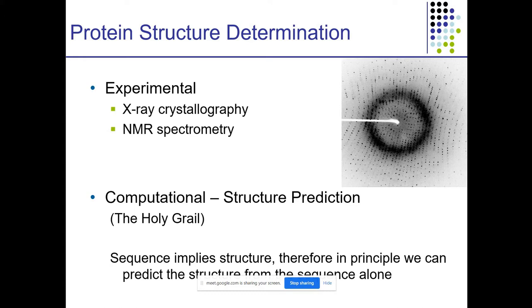Dear student, today we are going to study protein modeling methods, which are computational methods. Computational methods of protein modeling are used to process the data obtained from X-ray crystallography and NMR spectrometry. These are protein structure determination methods used in the wet lab.